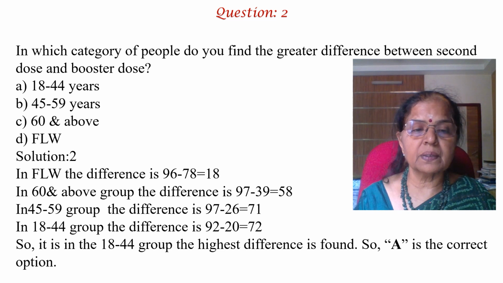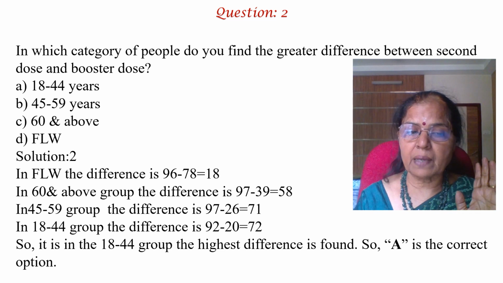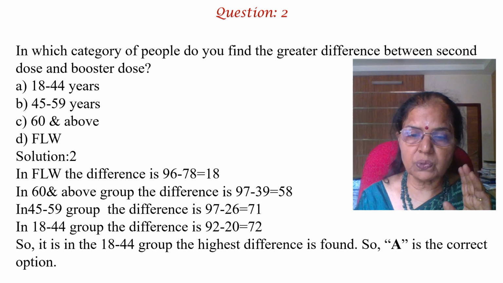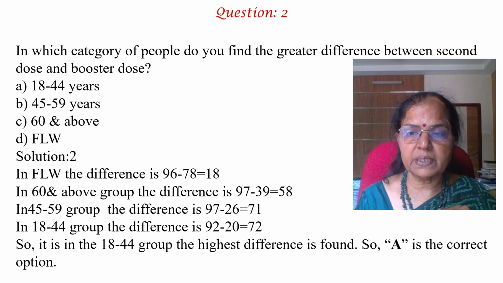And in all the options here you don't have the healthcare workers, so you did not work out for the healthcare workers. But for all the other four categories, you have to work out the difference. So how will you work it out? Look at the two columns, second dose and booster dose. As always, the second dose is more than the booster dose.